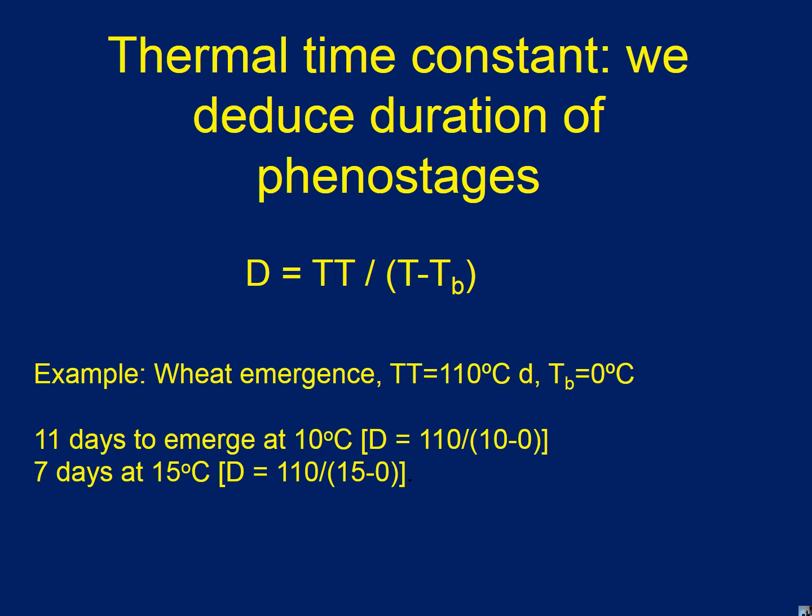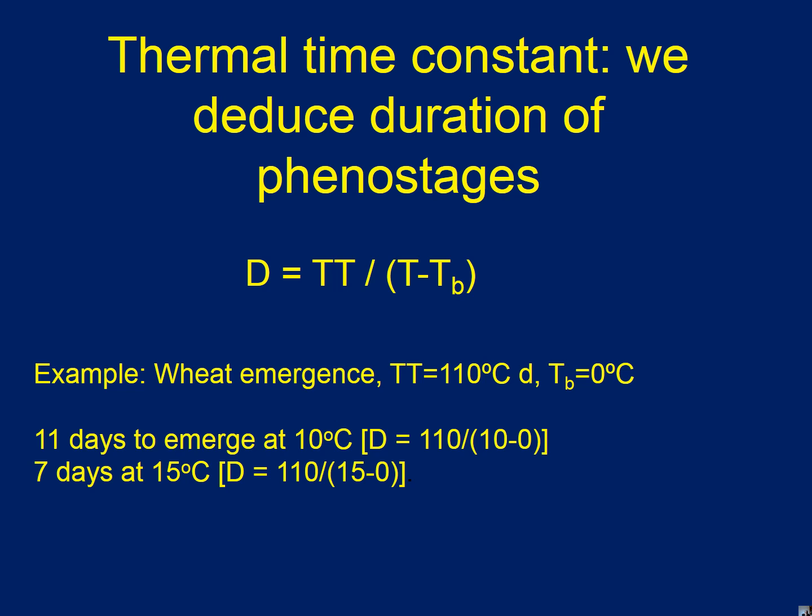According to that, if we have a temperature of 10 degrees, we can calculate the duration of the period from sowing to emergence by dividing 110, which is the total thermal time required, by the temperature minus the base temperature, which is 0, and that is equal to 11 days.